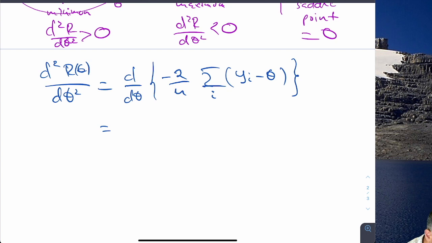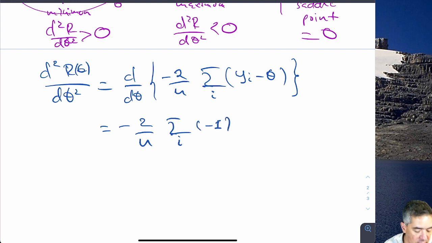And this is going to be equal to minus 2 over n times the derivative of the sum, which is the sum of the derivatives. And the derivative of y sub i minus theta with respect to theta is just minus 1. And so this is a sum from 1 to n, so its value is equal to minus n.